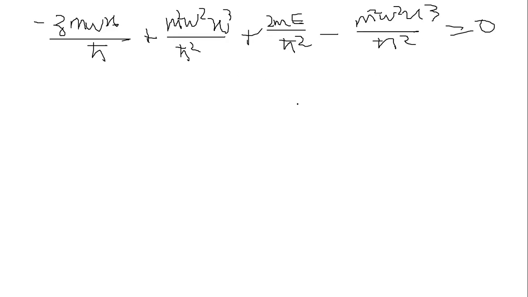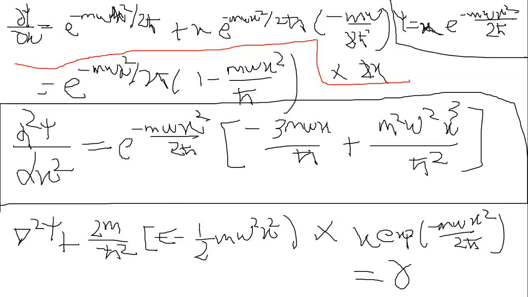Now, where did these four terms come from? This is one term, this is one term, and when you multiply 2m E by h cross square, this is one term, and when you multiply it again, 2 gets cancelled out, and the negative term comes from here.